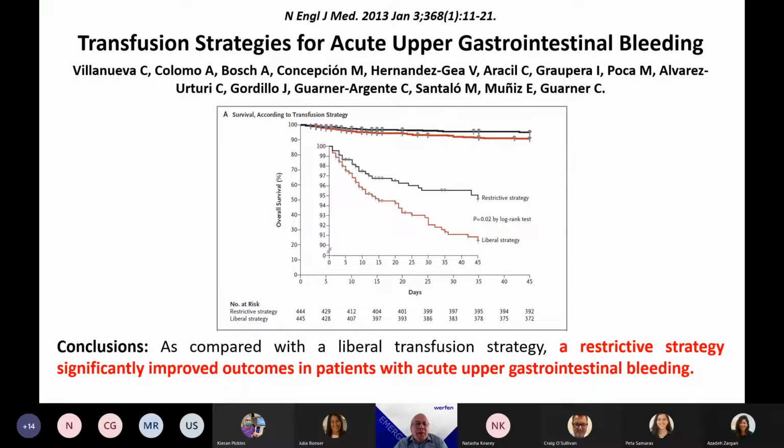You know, a lot of studies have been done about restrictive and liberal transfusion, and in most studies the result was, okay, it doesn't really matter. We can do restrictive transfusion and have the same outcome as with liberal transfusion. But again, in chronic liver disease and GI bleeding, this is not the situation. Here we definitely have an advantage of the restrictive strategy in regard to outcome.